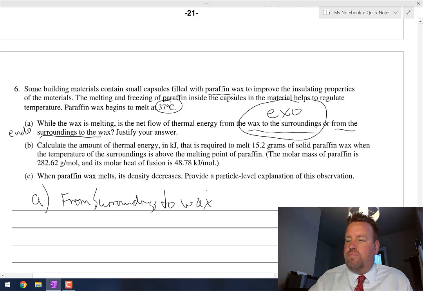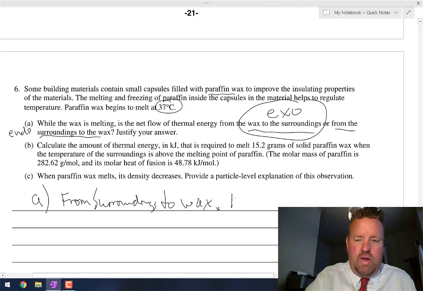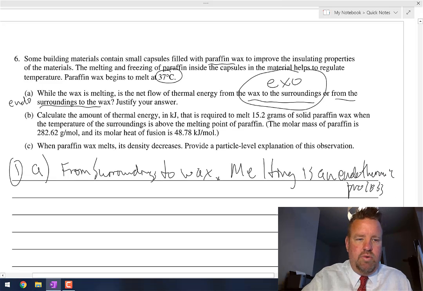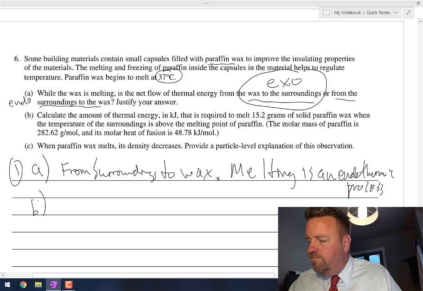And this is just a 1 point response, and I would just say something to the effect of, because you have to justify it, melting is an endothermic process. Something along those lines would be great. Okay, and that's a 1 point response.